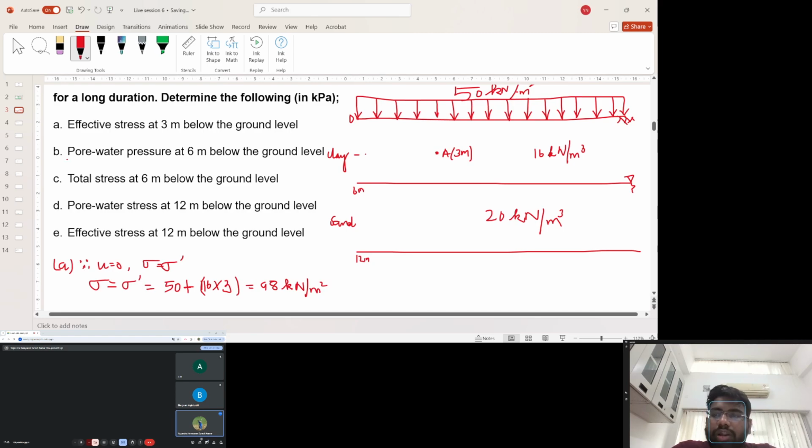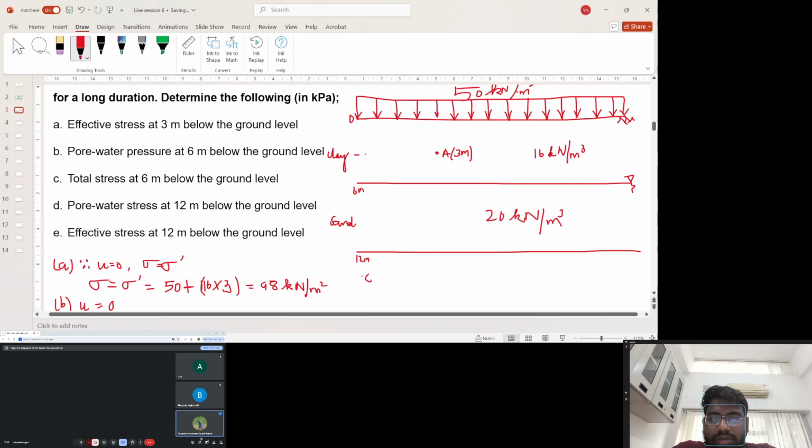Now coming to point B, pore water pressure at 6 meter below the ground level. Since 6 meter is the phreatic line, pore water pressure will be 0.